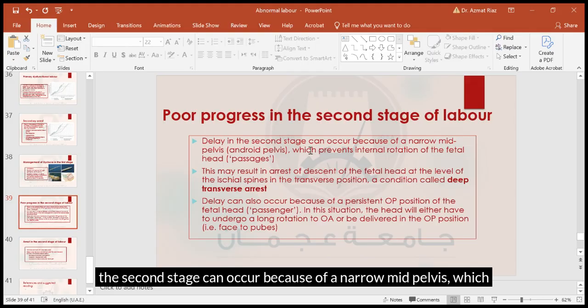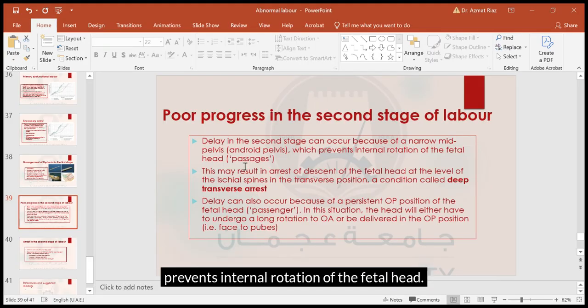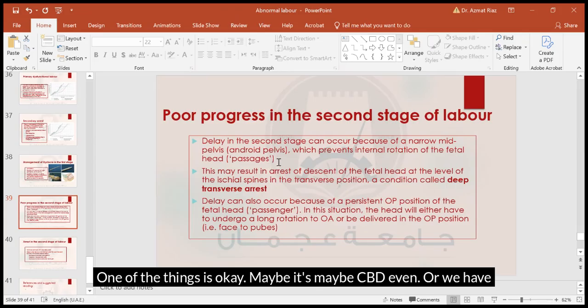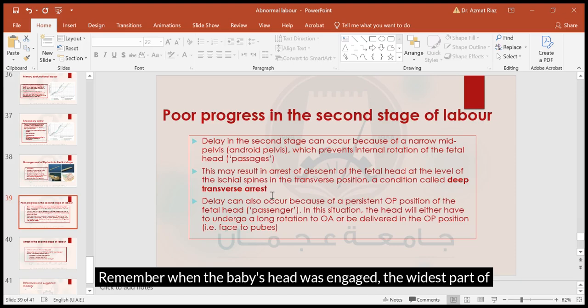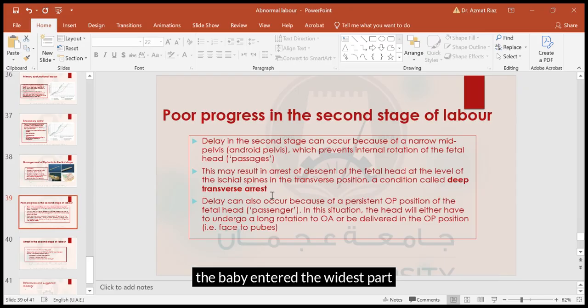Delay in the second stage can occur because of a narrow mid-pelvis, which prevents internal rotation of the fetal head. One of the things is maybe CPD even. Or we have to rule out deep transverse arrest. Remember when the baby's head was engaged, the widest part of the baby entered the widest part of the pelvis, which was the transverse, right?